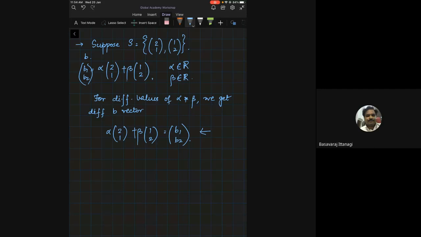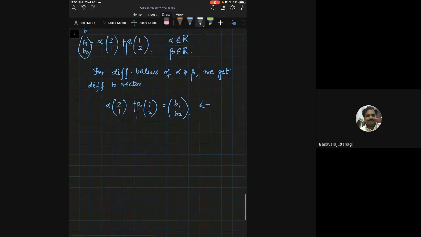But in that infinitely many B1 and B2, where will it lie? What is the space in which it will lie? Is the question clear? I'll refine it further.